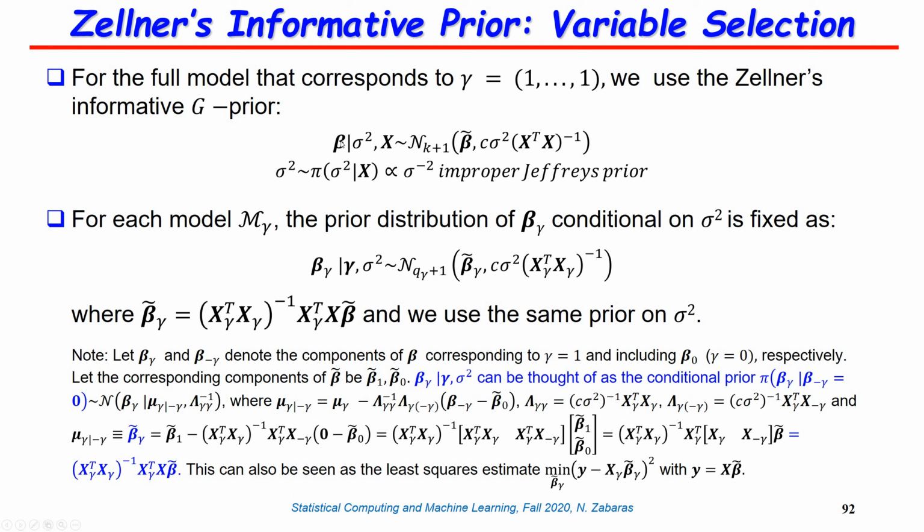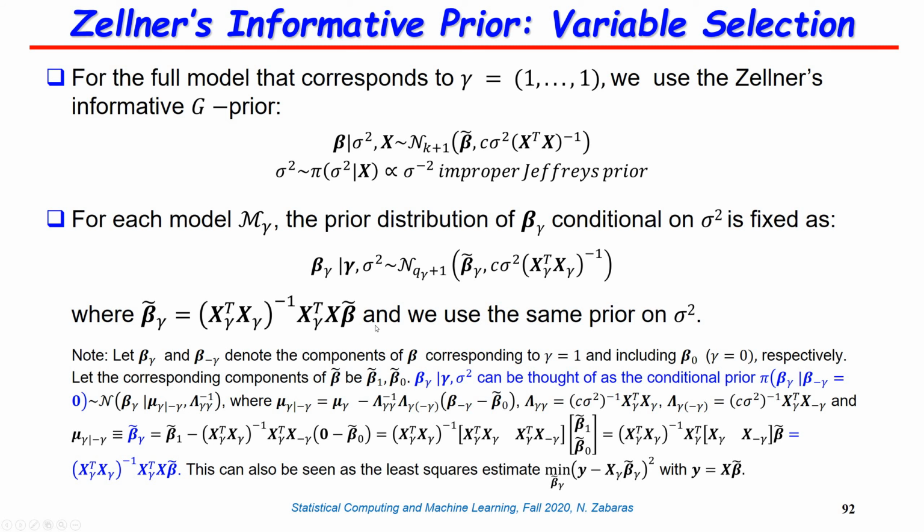In principle, what we have here is we're splitting this vector beta for the full model into a vector beta gamma that corresponds to the inputs that have gamma equal to 1, and then including, of course, the bias term, and then the remaining beta variables that I indicate here as beta minus gamma.